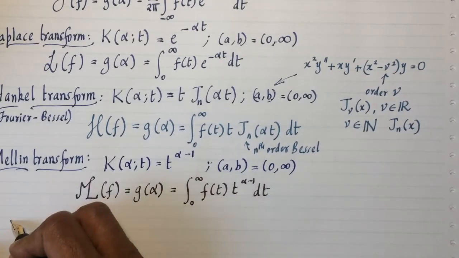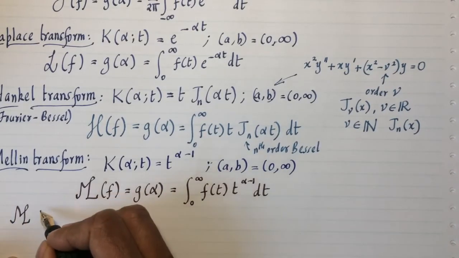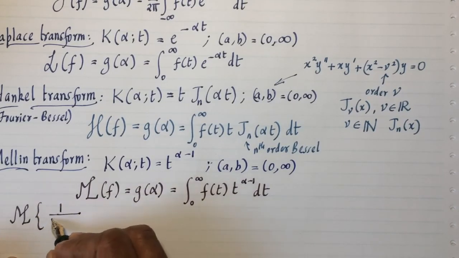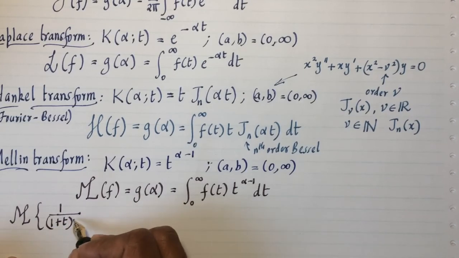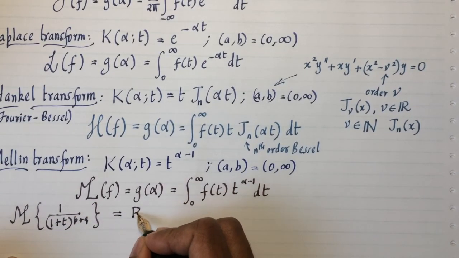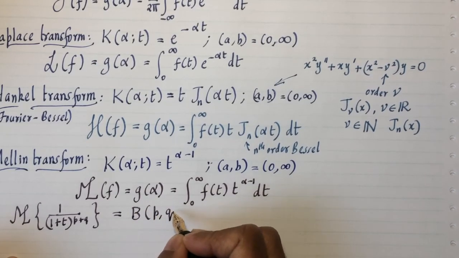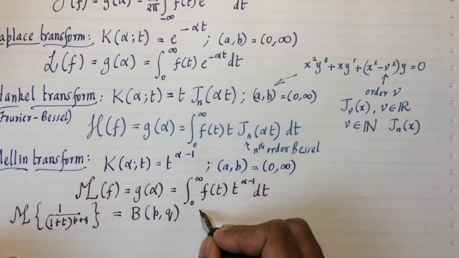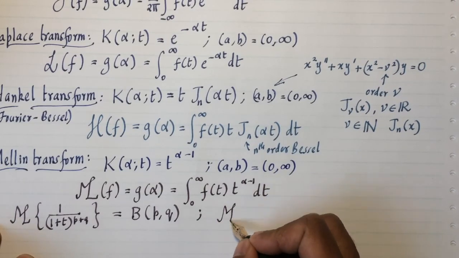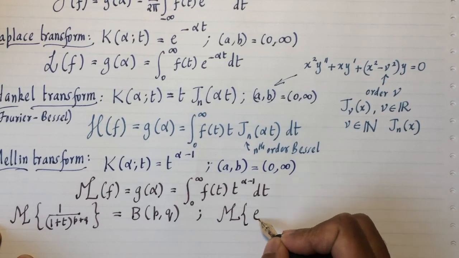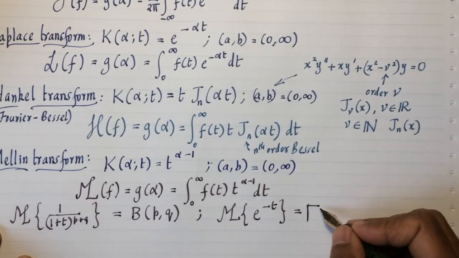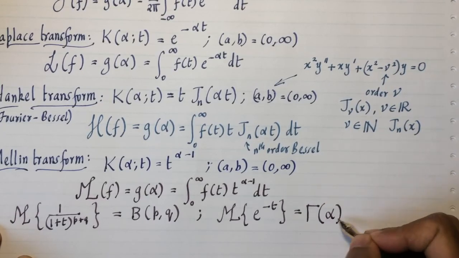So the Mellin transform of the function 1 over 1 plus t to the power p plus q is essentially the beta function of p and q. Again, I'll define beta later. And the Mellin transform of the function e to the minus t gives the famous gamma function as a function of alpha.